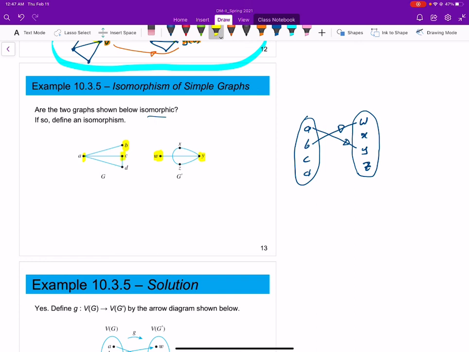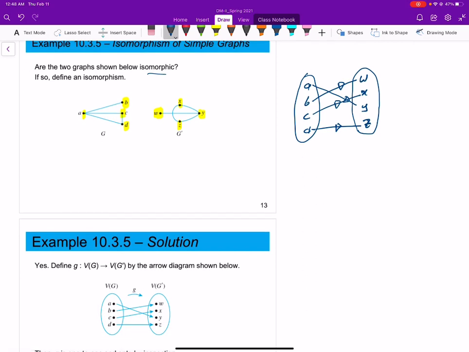Then you can map C with X, and D with Z. Okay, so this is the map.